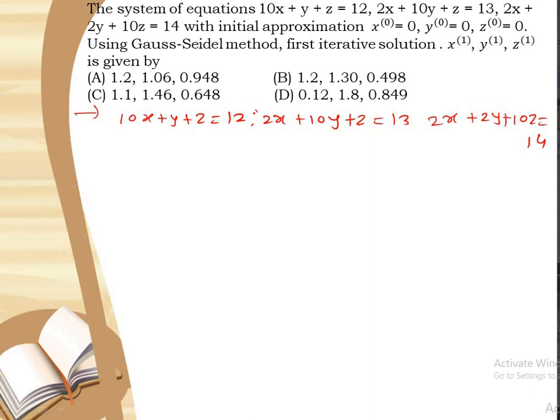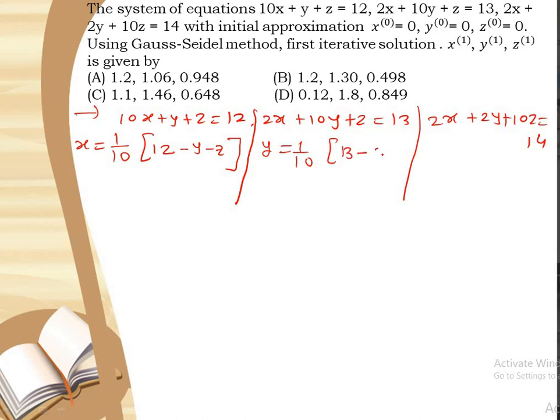So from the first equation, we can write x is equal to 1 by 10 times 12 minus y minus z, and from the second equation we get y is equal to 1 by 10 times 13 minus 2x minus z, and from the third one we get z is equal to 1 by 10 times 14 minus 2x minus 2y.